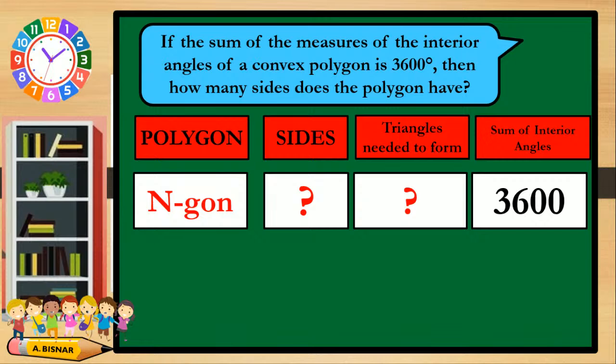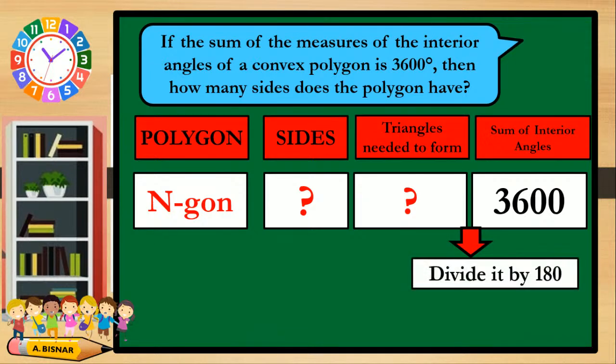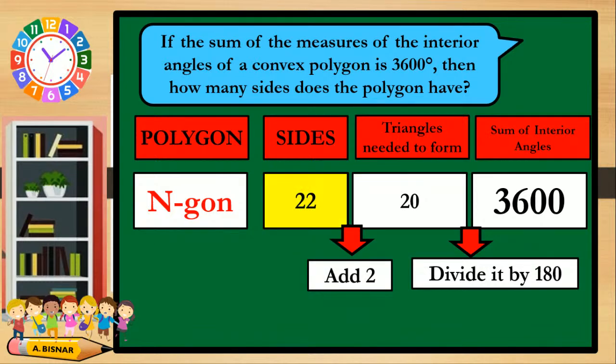So, ano yung gagawin? You will divide it by 180. So, 3,600 divided by 180, the answer is 20. Ayun yung triangle na kailangan para mabuo. Para mabuo ang alin? You will add 2, which means that the answer is 22 gone. Ibig sabihin, yung polygon ay meron 22 sides.